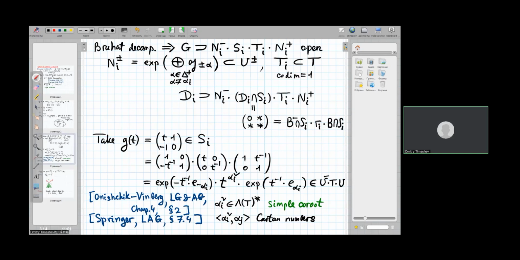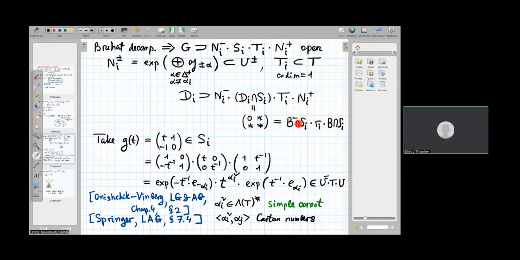Okay. So the intersection of B minus with SI is just the group of lower triangular matrices in SL2. So you have something here, and something here, and zero here.